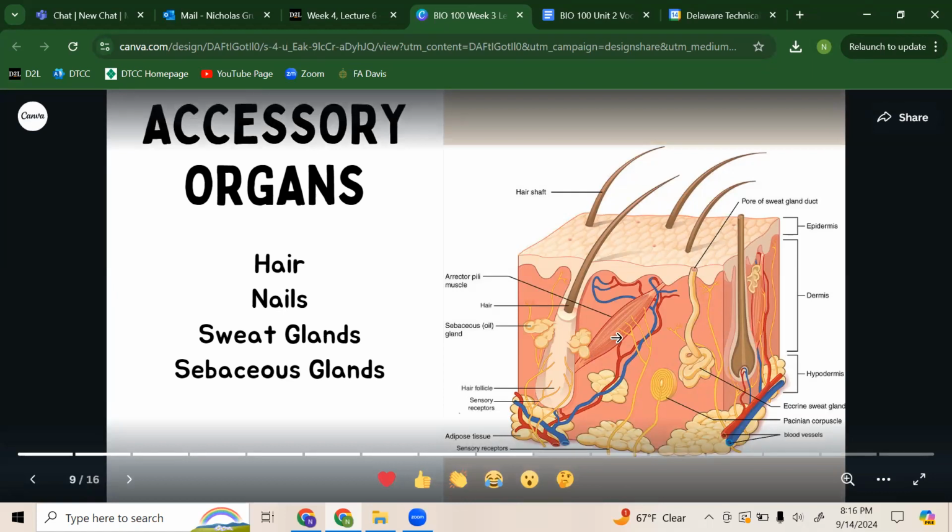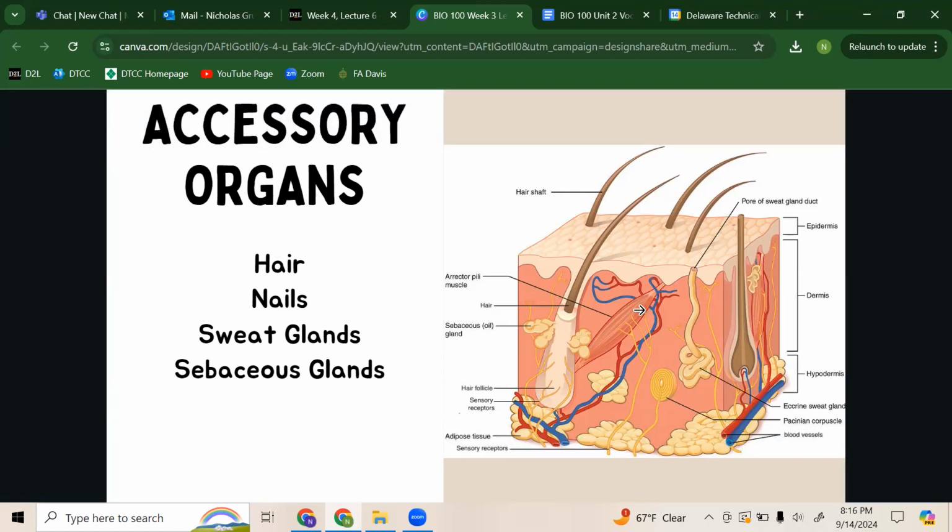This little muscle here is called an erector pili muscle, and it makes our hair stand up on end. So when you get goosebumps, it's your erector pili muscles that are contracting to make that happen. I already showed you our sweat glands, so remember those go right up to the surface from the dermis. And then we have these sebaceous glands, which secrete a substance called sebum, which forms an oil.